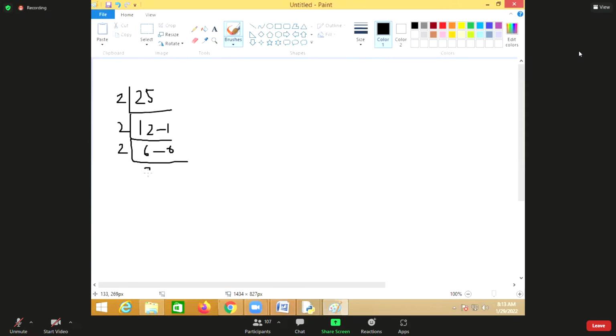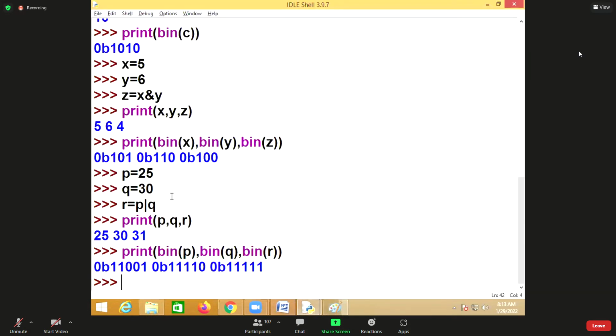And this is 3, remainder is 0. And 2 and 1 time, and remainder is 1. So what is the value here? 1 1 0 0 1.